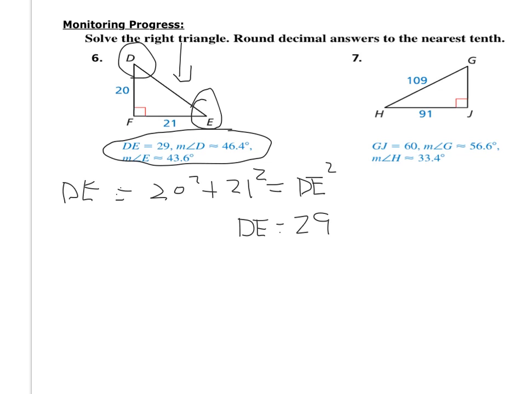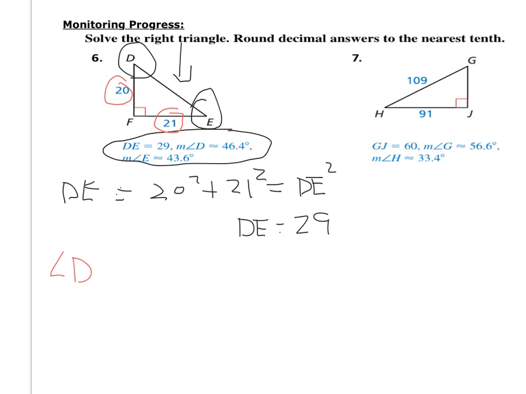Then they went to find angle D and angle E. There are several ways you can do the two angles, but let's just deal with angle D, and I'll go to red for angle D. When you deal with angle D, you've got these two sides here that were originally given, 20 and 21.